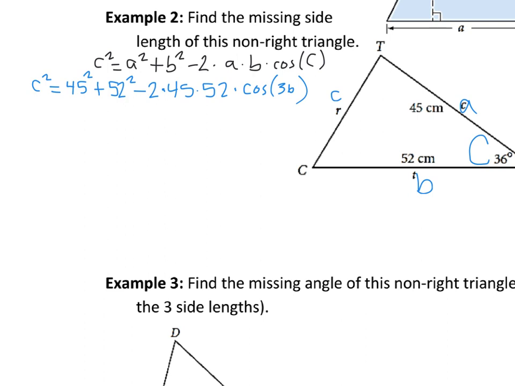Next, we're going to simplify 3 parts. This, this, and this whole thing is one term. So you have to make sure you multiply all of that together.